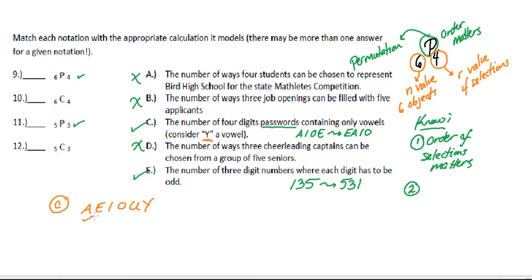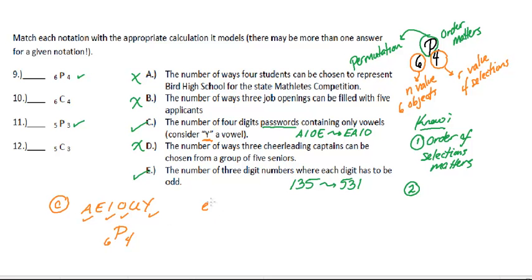So I could say A, I, O, and Y. So it looks to me like this is going to be the winner. So I have 6 as my n value. I'm choosing 4, and the order I choose them in matters. So this is a permutation.